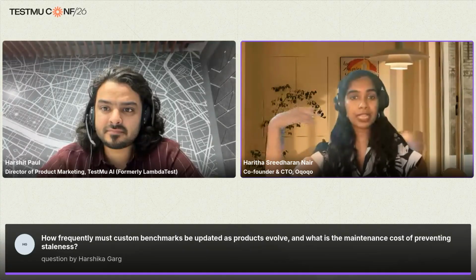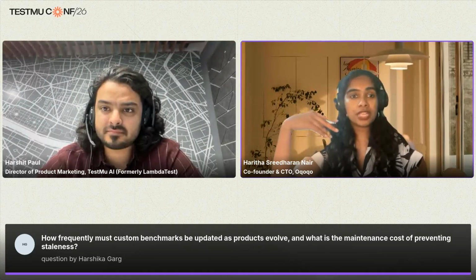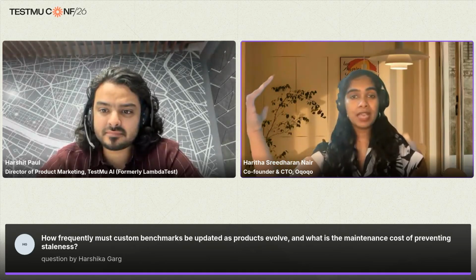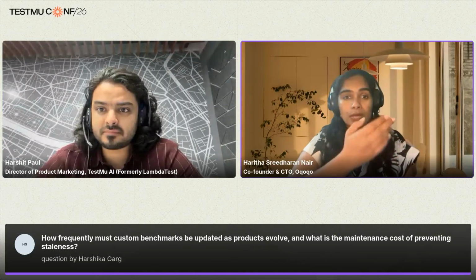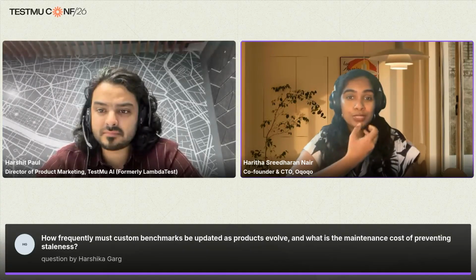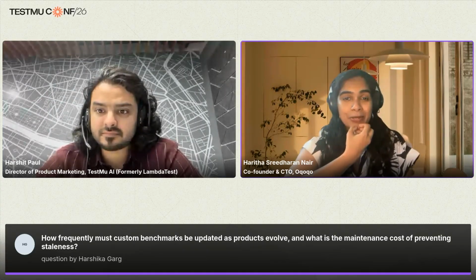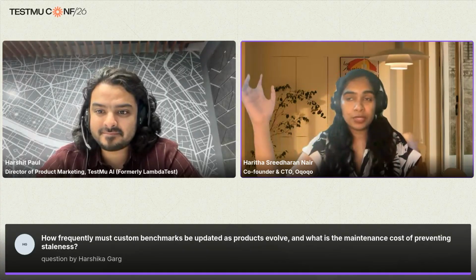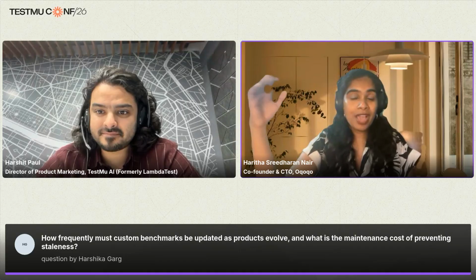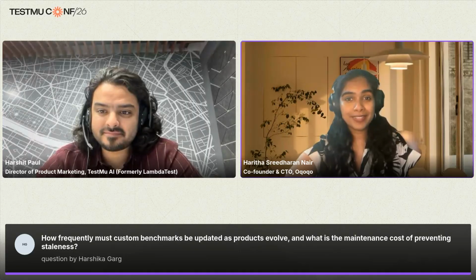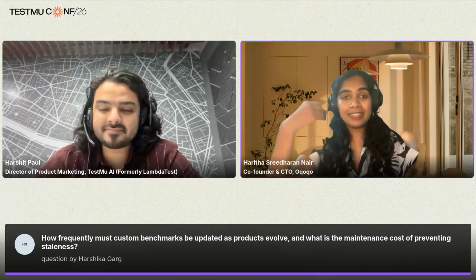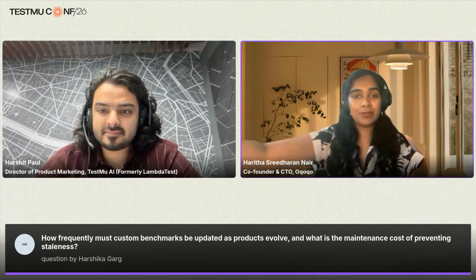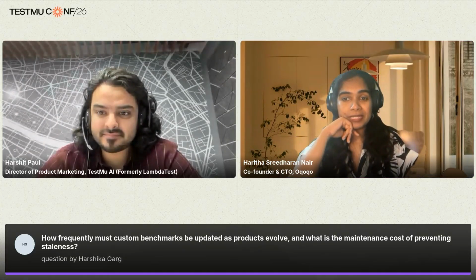I would imagine we would have self-maintaining benchmarks, which can flag to you when a new release happens that a certain thing is not valid anymore, and we can go and update it. But I would say it's quite early to think about staleness and maintenance, but I'm sure it would come up maybe a year from now. I personally think most companies are 5 months away from having their own benchmarks and having this kind of test suite. They're still figuring out a lot of things, including creating those eval sets. So we are a little bit further away from that, but it would definitely be important.